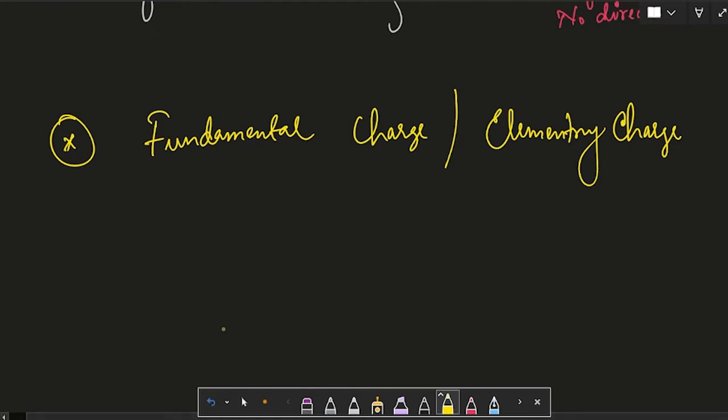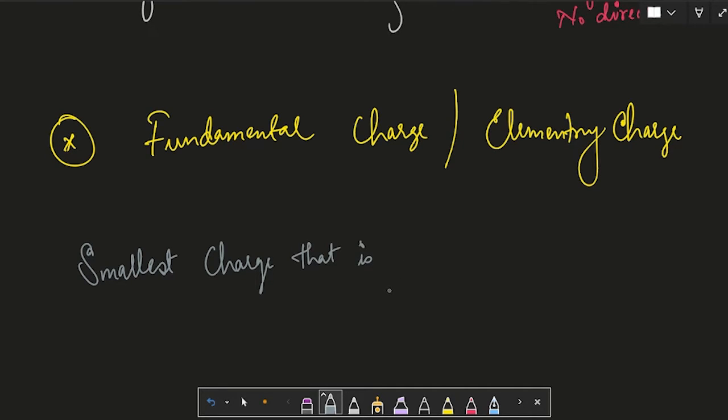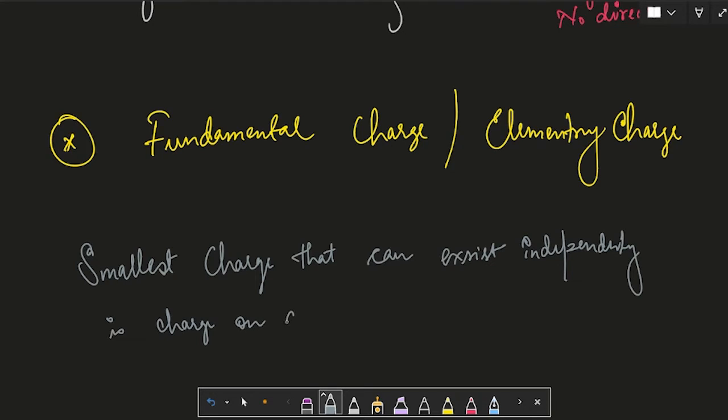So the smallest charge that is possible, the smallest charge that can exist independently, is the charge on an electron.